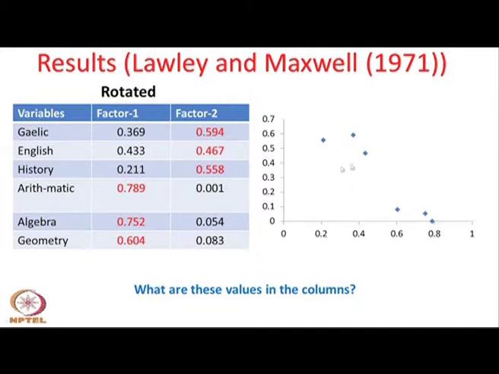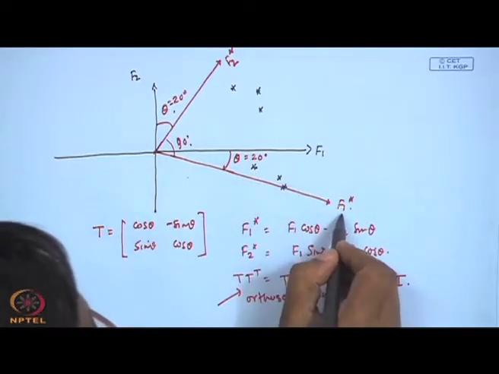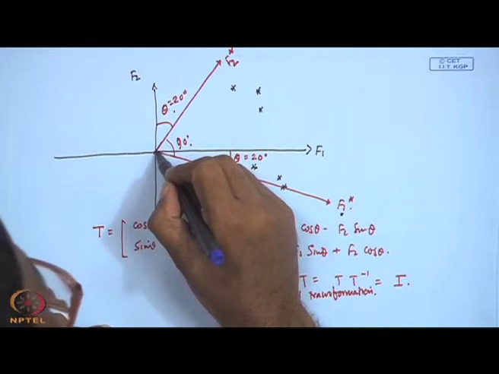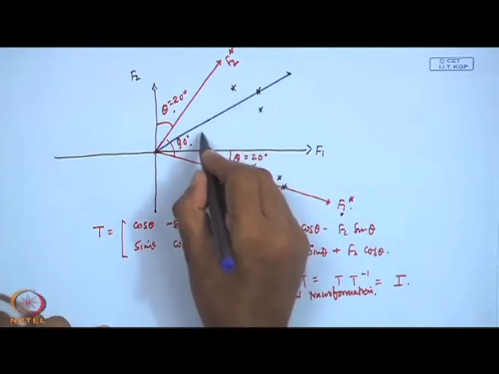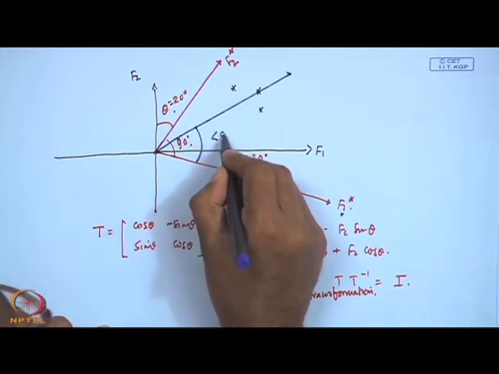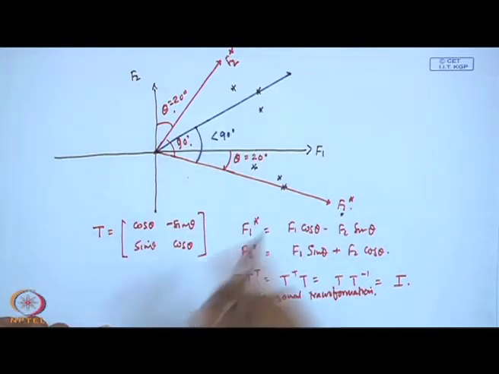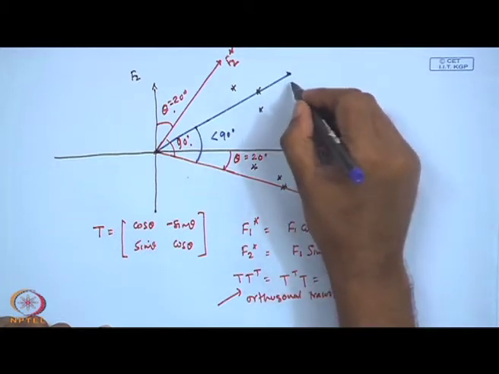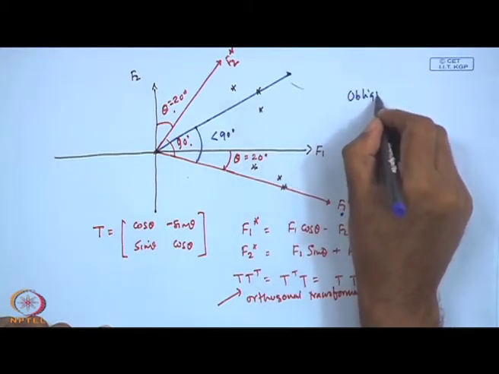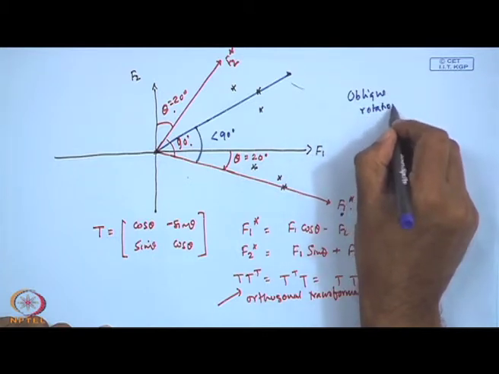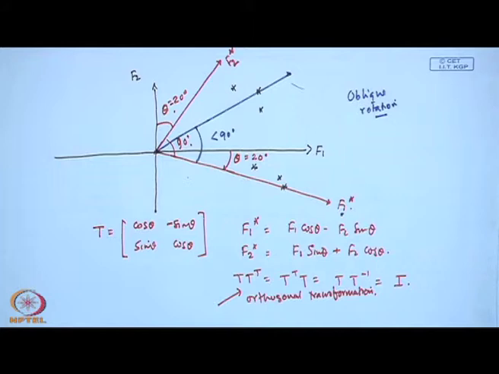But here another issue is coming up. If we go for some other type of rotation which is not orthogonal, suppose I do the same for this axis, but the other axis I rotate like this, so that this angle is less than 90 degrees, then this will be known as oblique rotation.